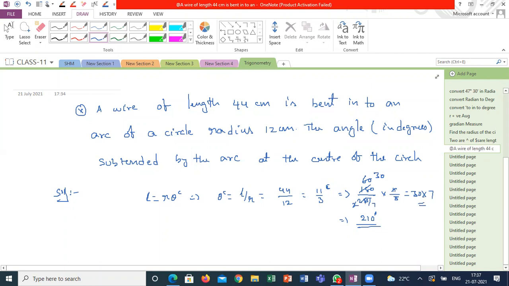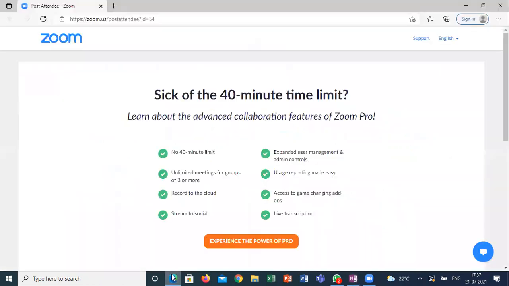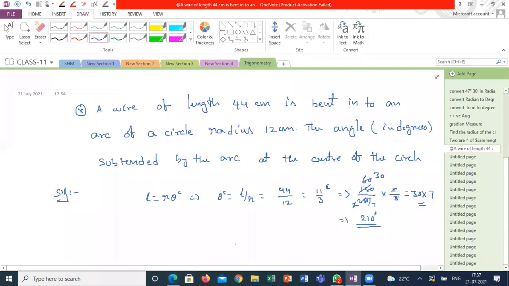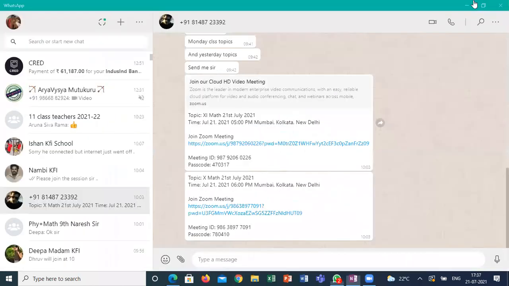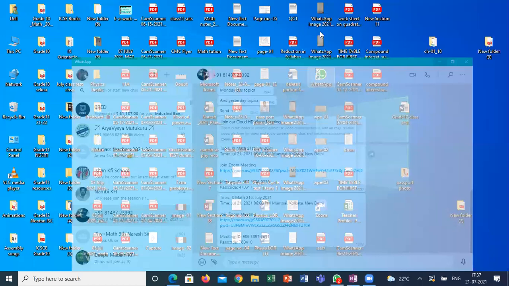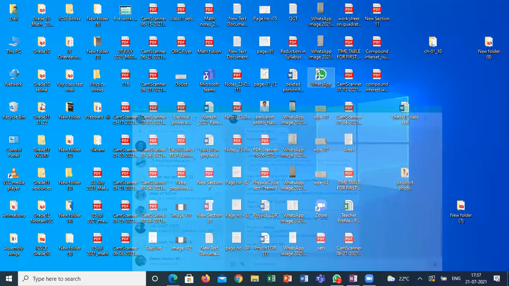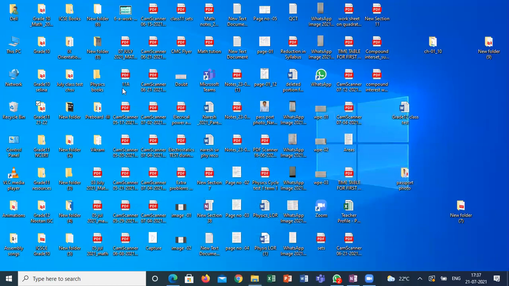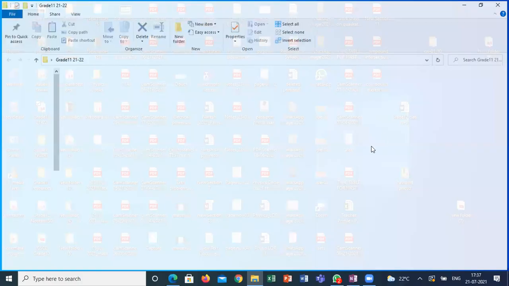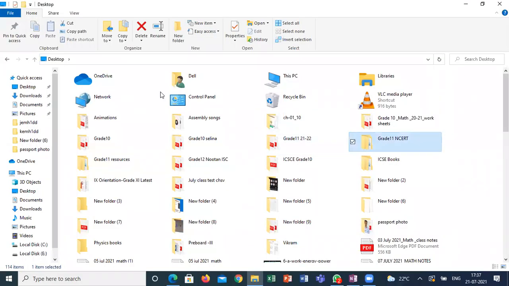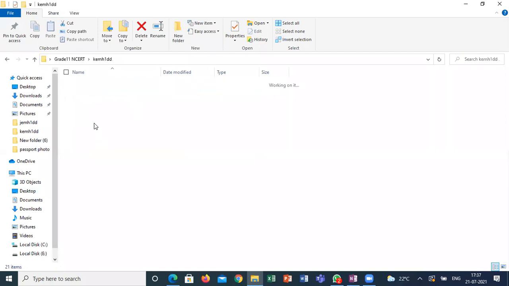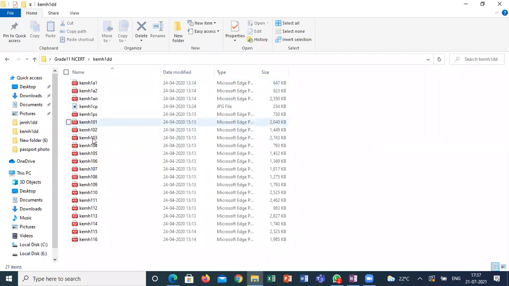So shall we go for some numericals in the textbook? Some numericals from the textbook. First exercise, shall we try? Yes.